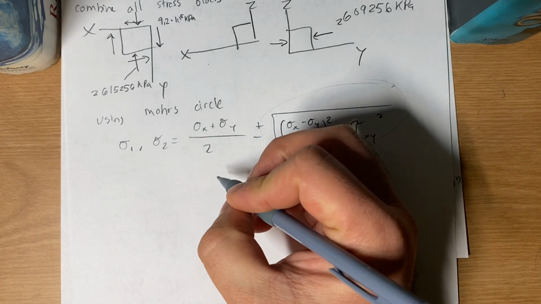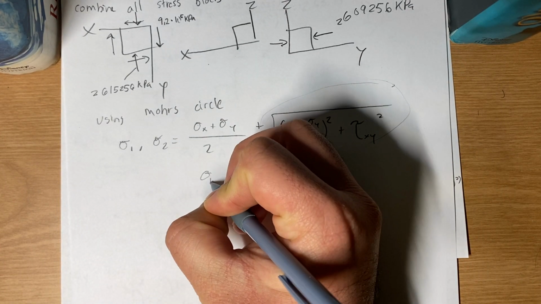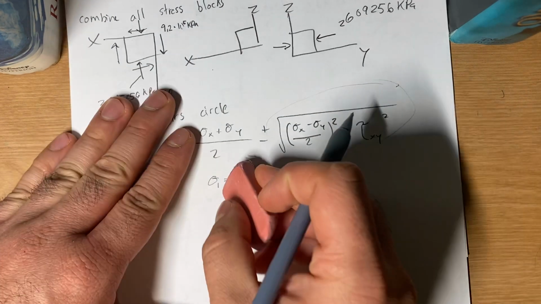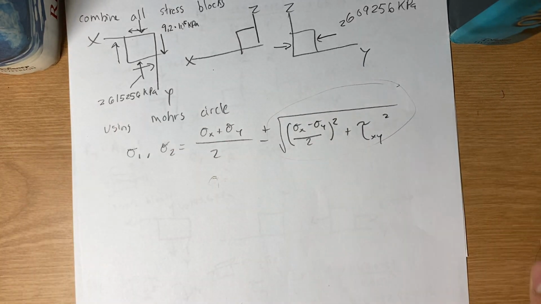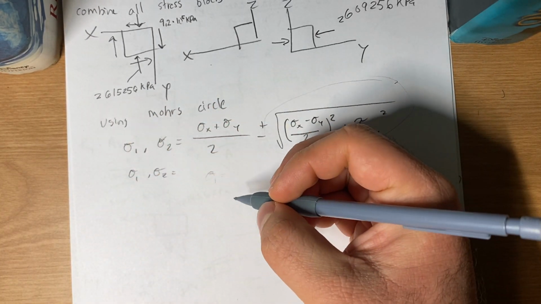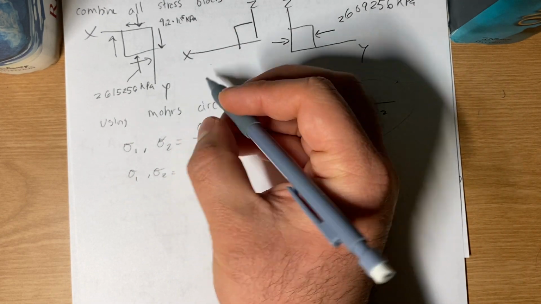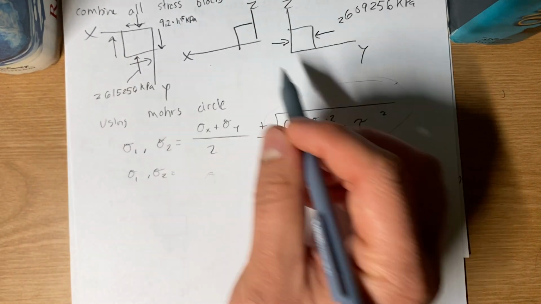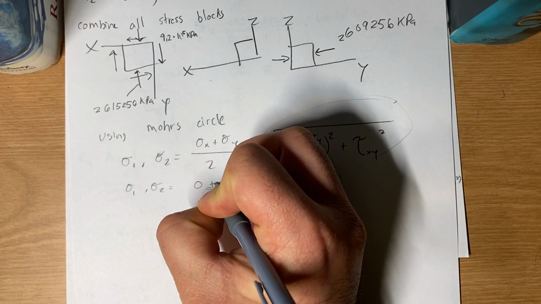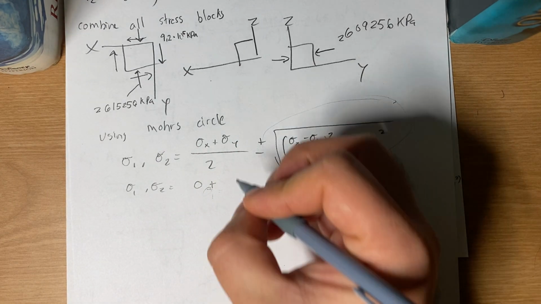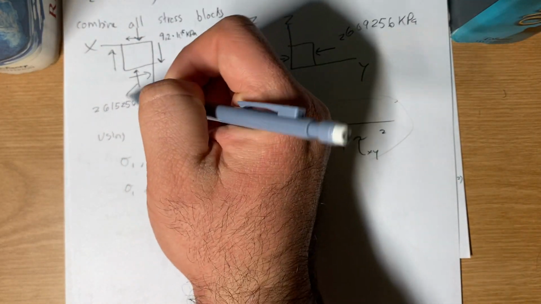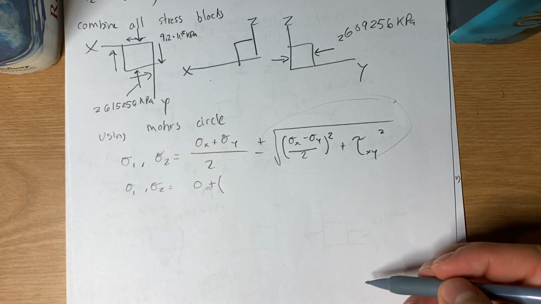So my principal stresses, sigma 1 and sigma 2, I need to actually plug it in. I have nothing going through the x direction, so I have 0 plus, and I have a negative value because this is in compression right here, as you can tell.